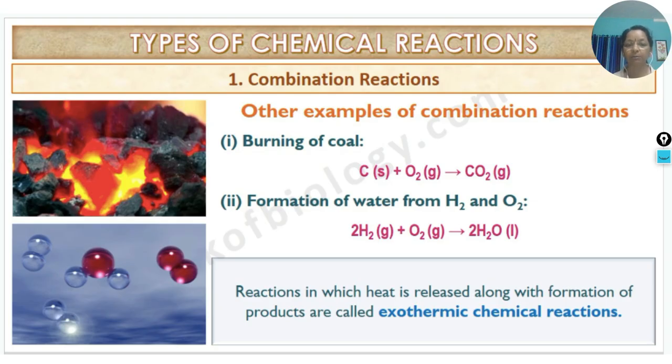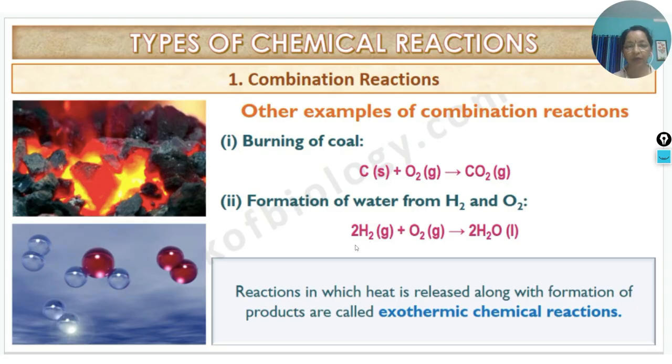In all burning processes, the fuel is combining with oxygen, producing corresponding oxides. Here burning coal, which means carbon, combines with oxygen, producing carbon dioxide. So it is an example for a combination reaction. At the same time, burning produces heat, so it's also an exothermic reaction.